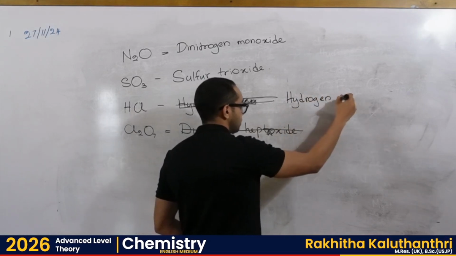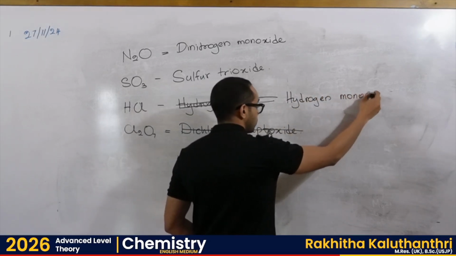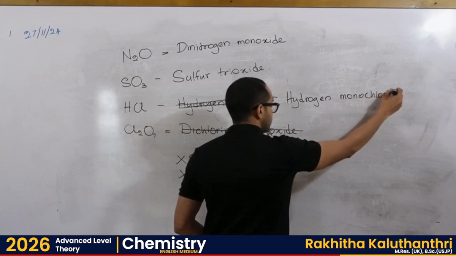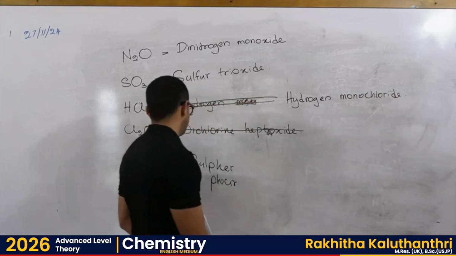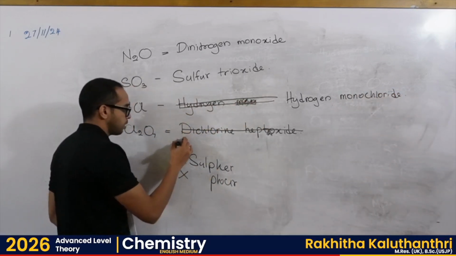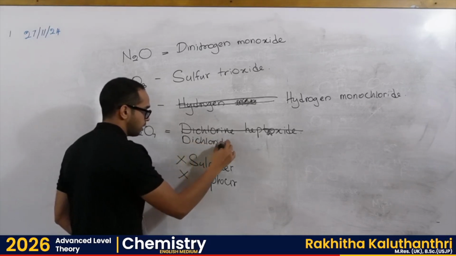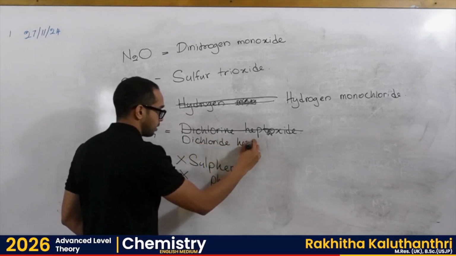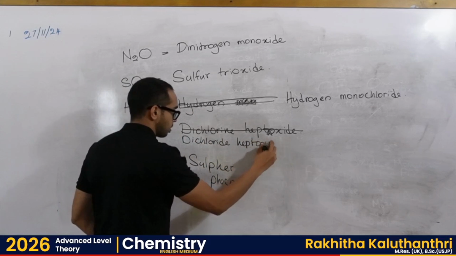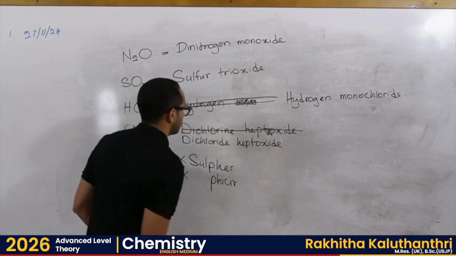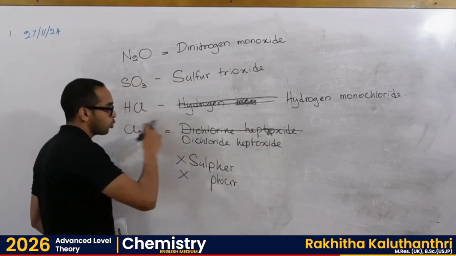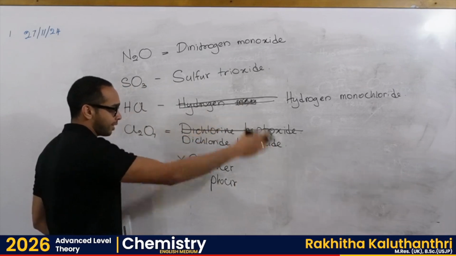Hydrogen monochloride, right? Or just write it underneath. Dichlorine heptoxide, right? So don't cut and then continue to write.